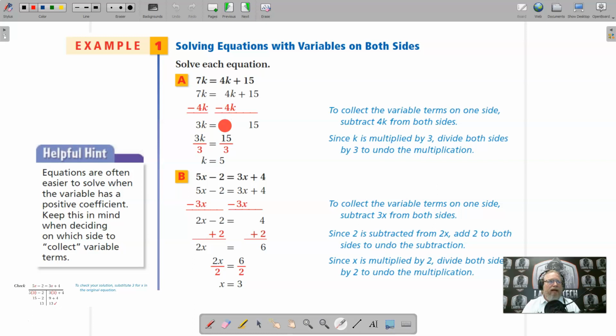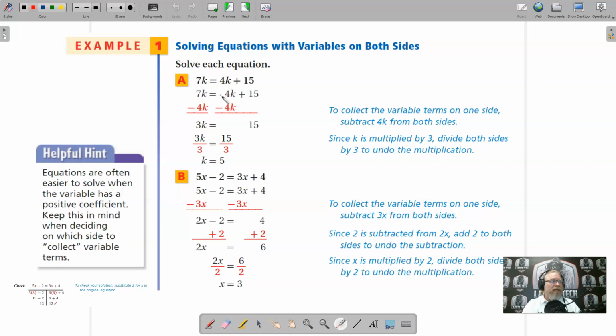So we'd end up with a negative 3k plus 15, and then we would have had to subtract 15 from each side, and then we would have to multiply or divide by negative 1, and we can avoid all that if we keep our coefficient in front of the variables positive if possible. We do that by determining which one we want to move from one side to the other so that we can maintain positive coefficients in front of our variables.